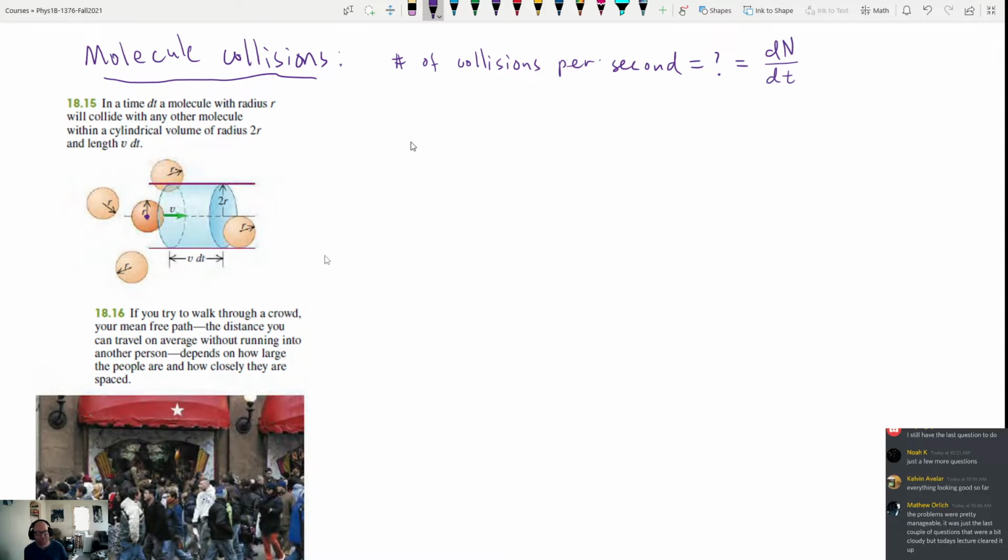The number of collisions per second, dN/dt, means that the total number of collisions, which we're just going to call dN, should be equal to the number of molecules that actually fit into this volume, the number of molecules per unit volume, the kind of number density, multiplied by the volume of the cylinder.